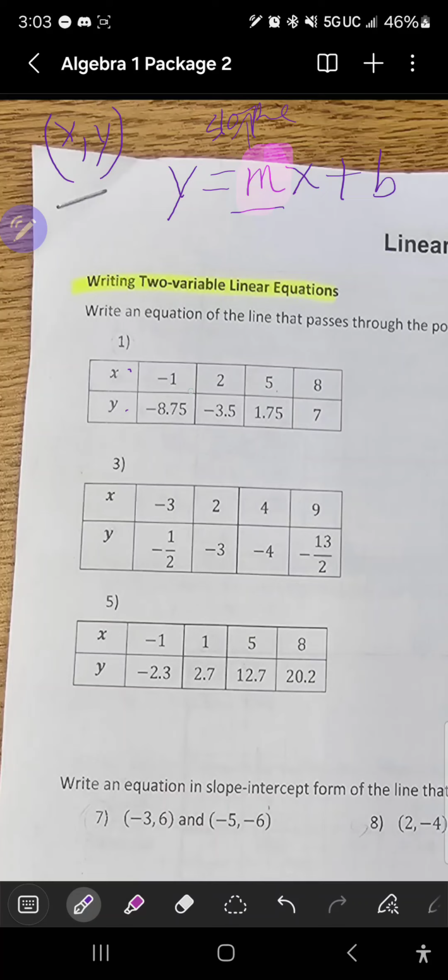In this equation, y equals 3x plus 7, which is an equation that I made right now, the slope is 3, and that means that for every 1 x there are 3 more y's.